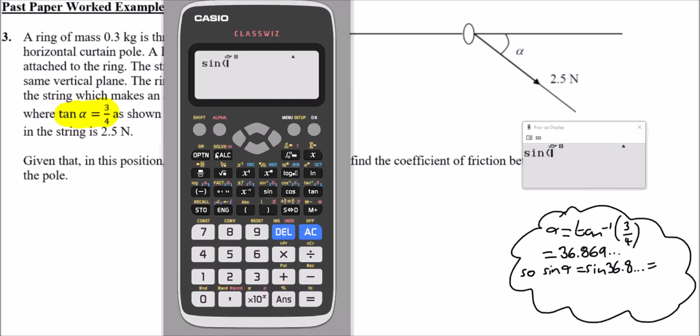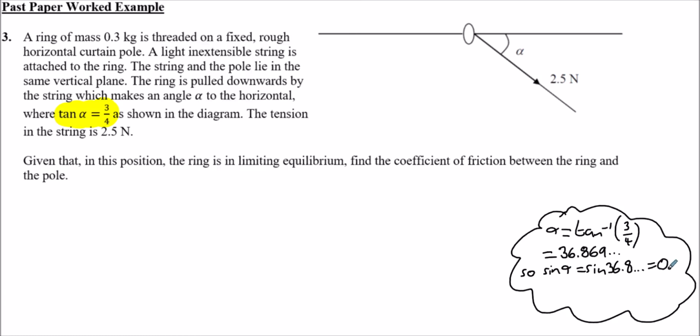If we do sine of the answer stored, so press A and S, so don't round it at all, I get 3/5. So I'm going to call that a decimal, so sine alpha is 0.6, and also cos alpha, because of that 36.8 and so on, feel free to try this yourself, you would get 0.8.